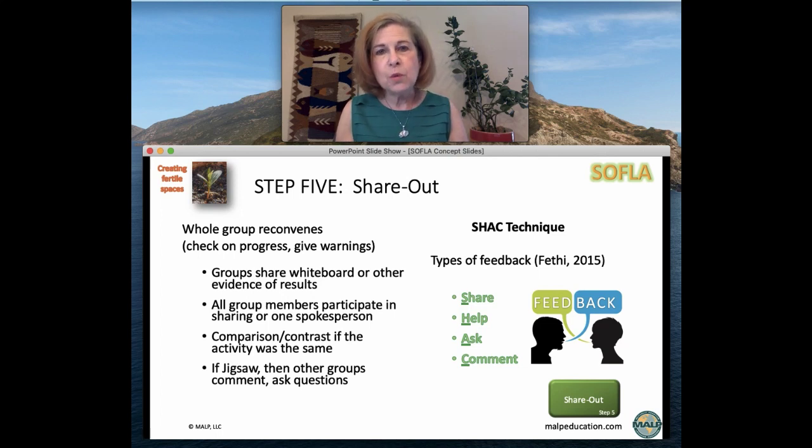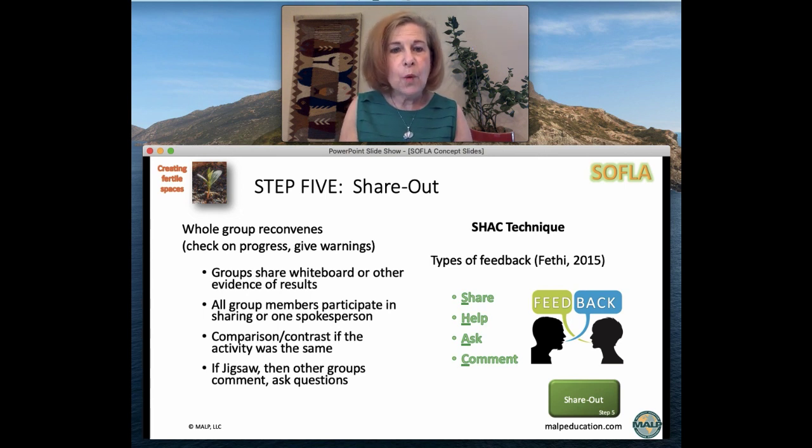You also want to give them warnings that you're about to have them back so that they can quickly assemble themselves and get organized. They share their whiteboard or whatever the evidence is of what they did, what the results were of their breakout. And you can have something that says one person will represent you, or you'll all speak. Usually you put that in the breakout instructions.